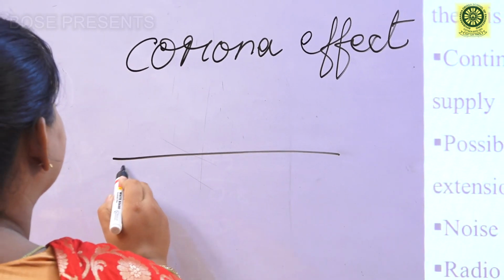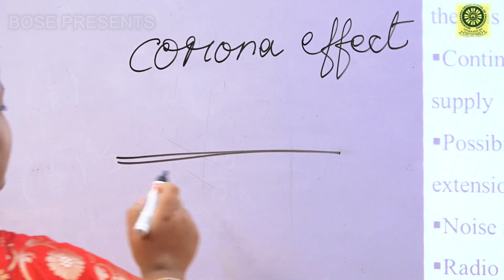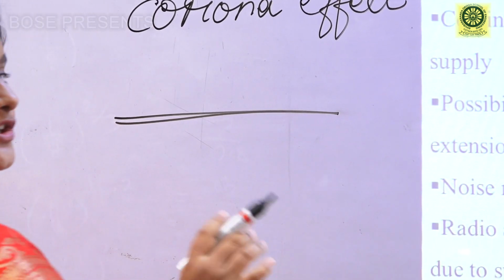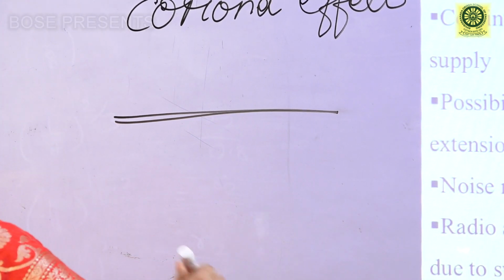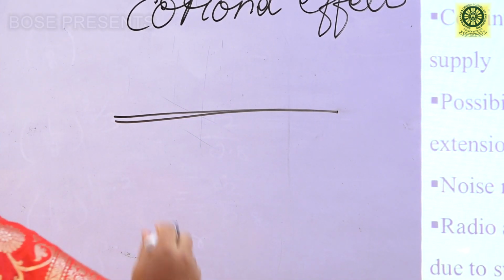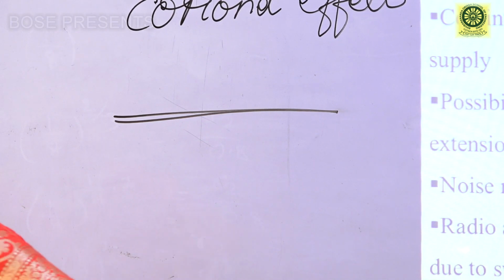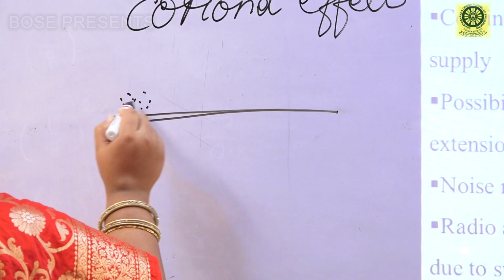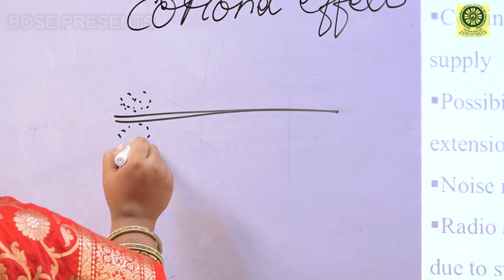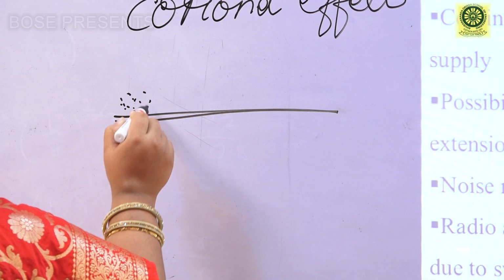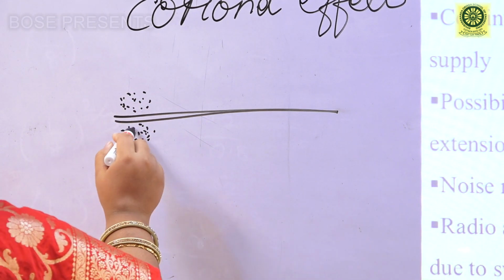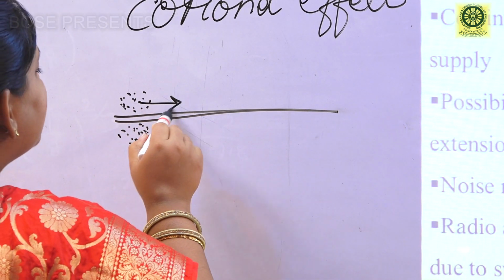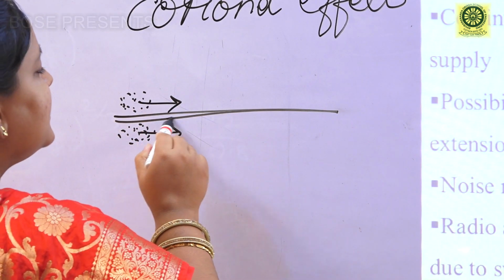Corona effect: when a transmission line is going and near it there is very high voltage, like during lightning, and also during switching very high voltage occurs. Due to that high voltage, the air particles or air molecules nearby get ionized, and this causes the corona effect, due to which current flows in the air along with the transmission line.